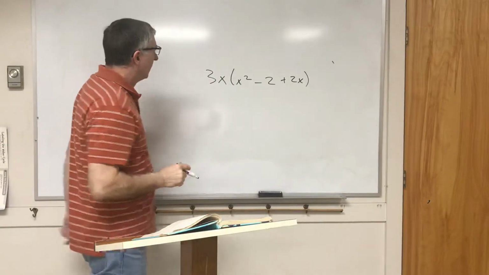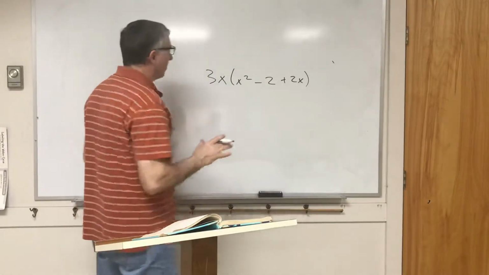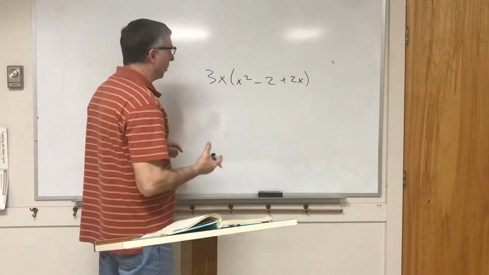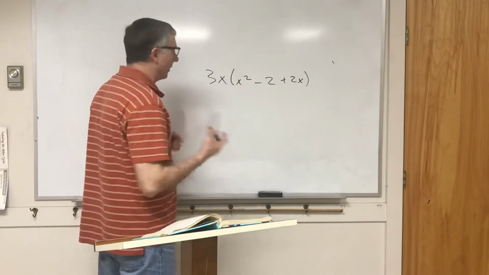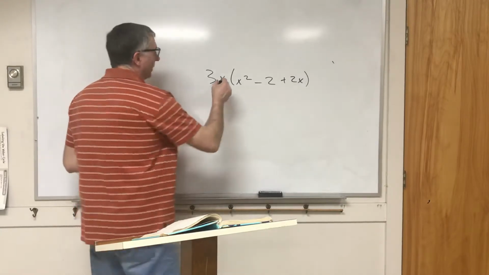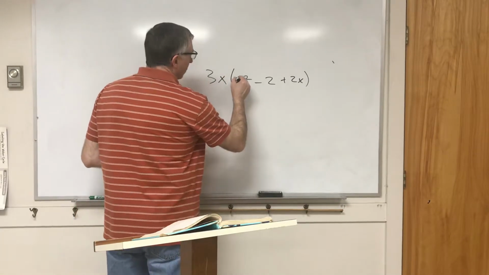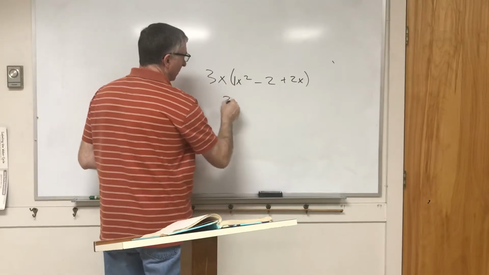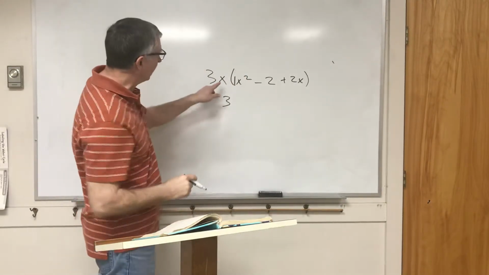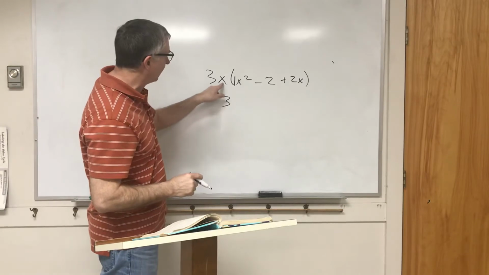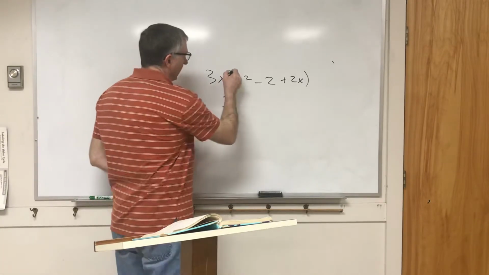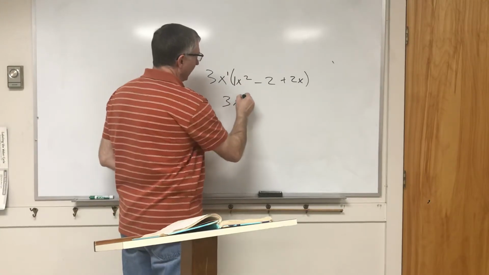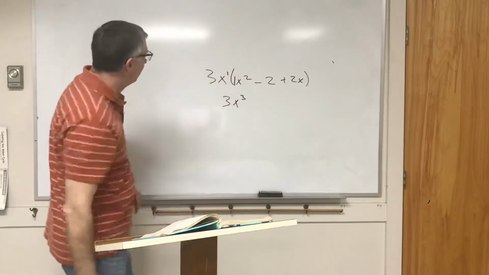Okay, so again, when we're multiplying, anything can be multiplied. It does not matter if they're like terms or not. Remember that the understood coefficient for a letter by itself is 1. So 3 times 1 is 3. And do you remember from a couple lessons ago what happened when we went x times x squared? That is x to the first power times x to the second power, so that's 3x cubed.